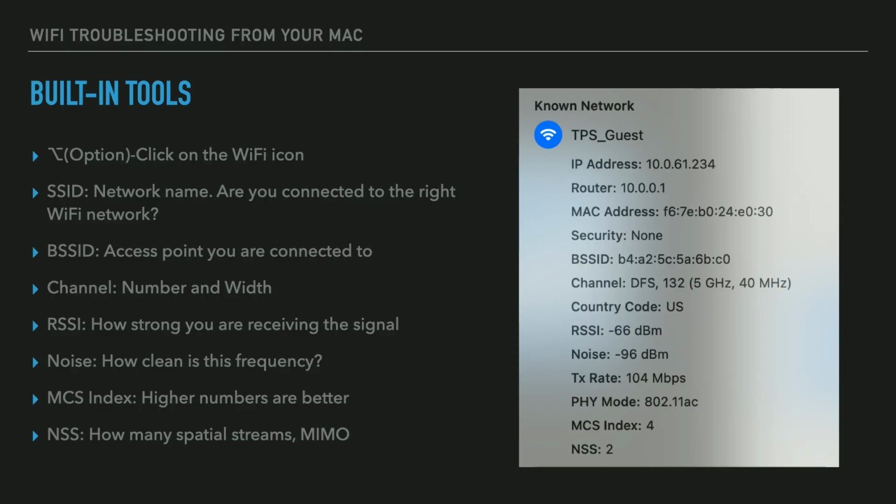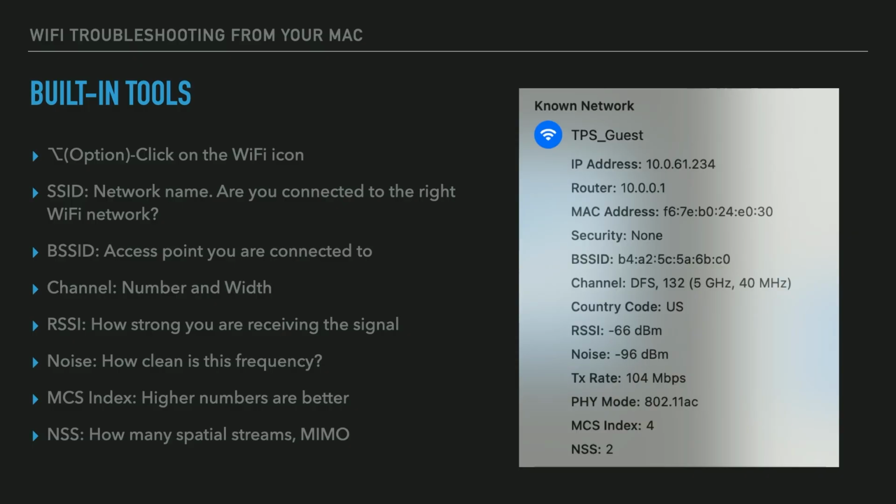Again, I'm just trying to simplify some of these things. The MCS index is a comparison of what frequencies, what technology, and what compression it's using, to give you essentially just a score. The higher the better. If you're not 4 or higher, you're probably going to be having some challenges.